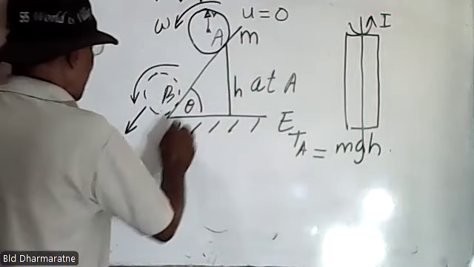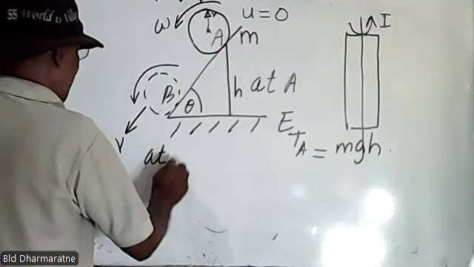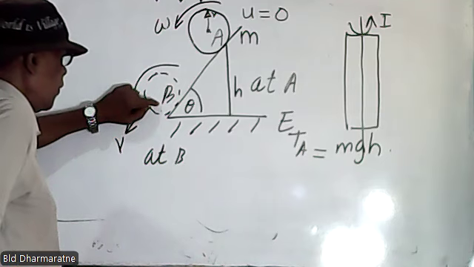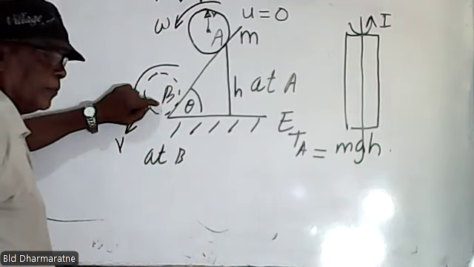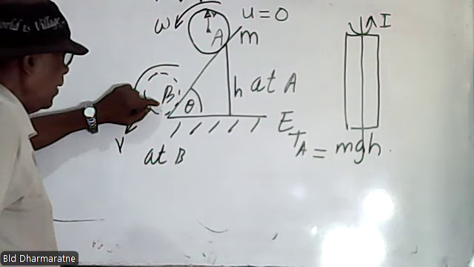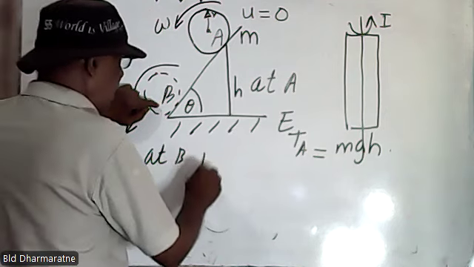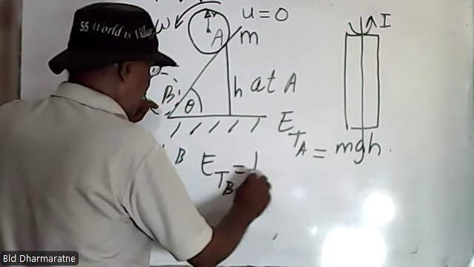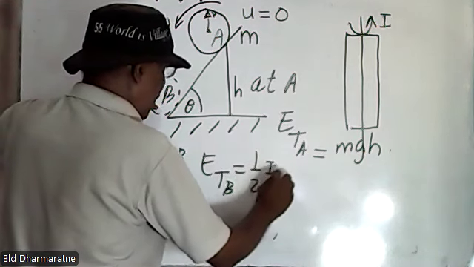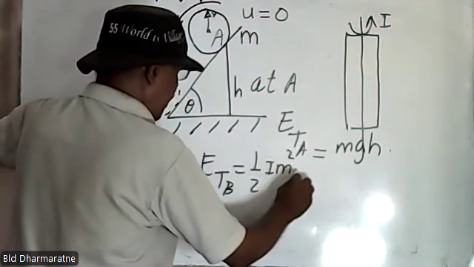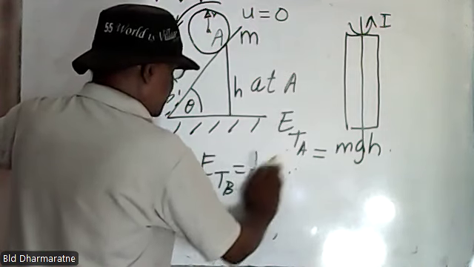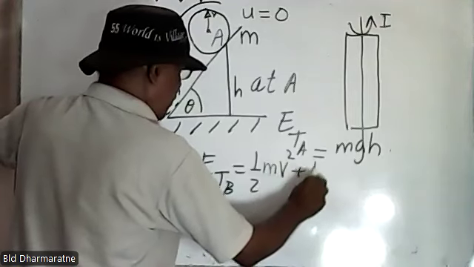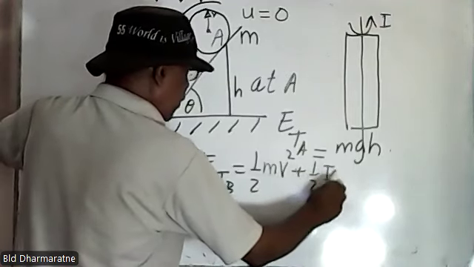At B position, what does it have? Linear kinetic energy and rotating kinetic energy, both. At B, the total energy equals half m v square plus half I omega square.